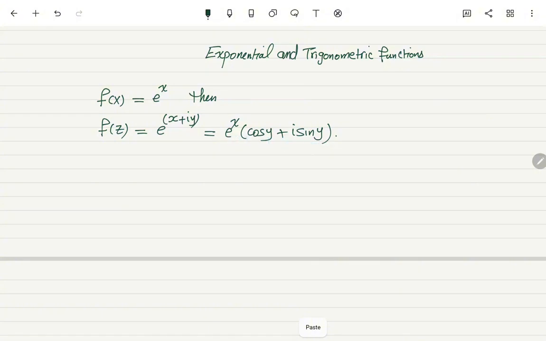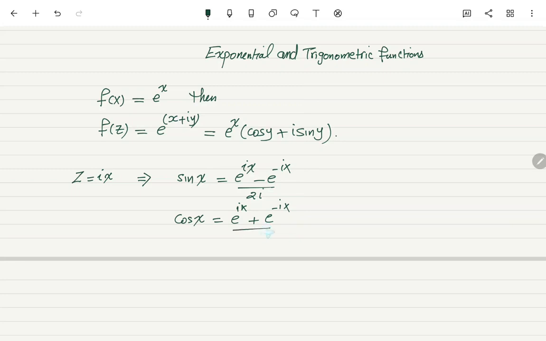As a special case, when z is a pure imaginary variable, like if z equals ix, we get sine x equal to (e to ix minus e to minus ix) over 2i, and cosine x equal to (e to ix plus e to minus ix) over 2.